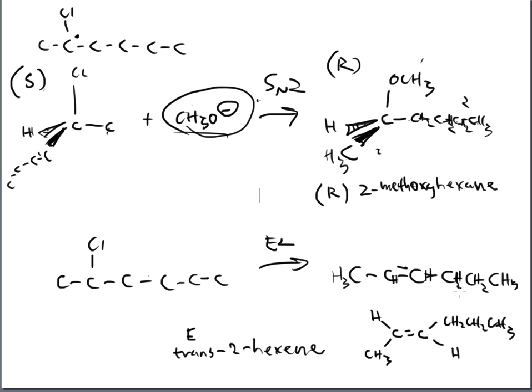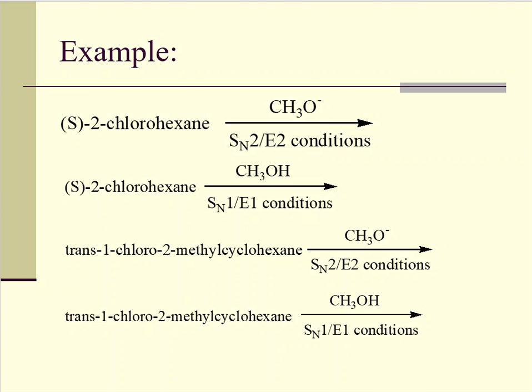So in the next video, we're going to continue on with the other 3 examples that you see on the screen. So I want you to take a stab at them. I want you to go through and predict the products of the next 3 reactions. And when you come back, we're going to double check your answers. So S-2-chlorohexane, the same stuff that we used up above, but this time under SN1 and E1 conditions.